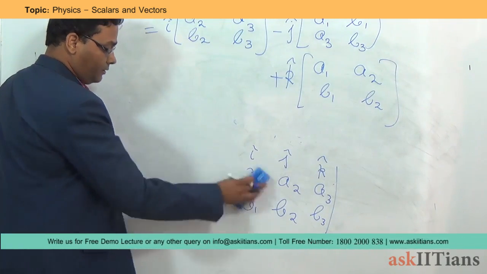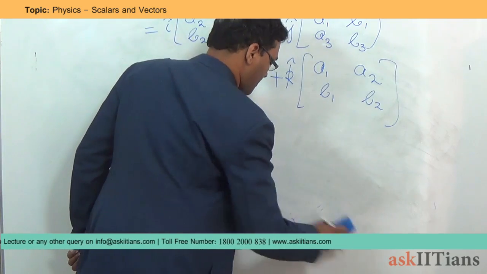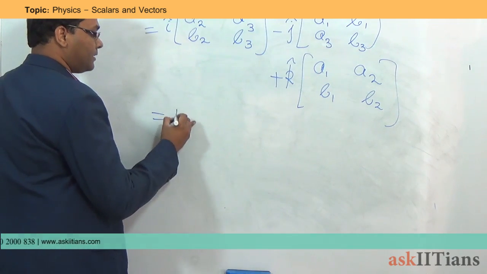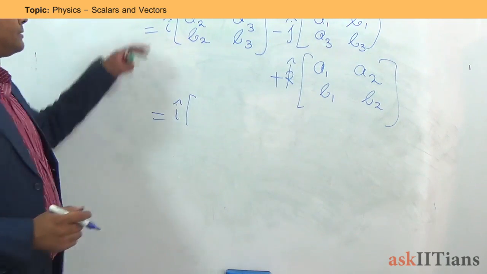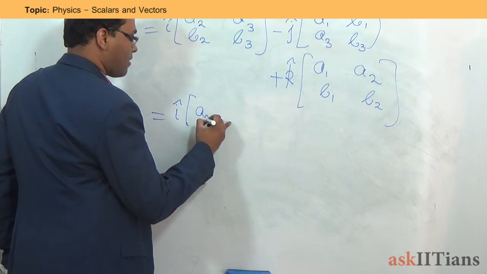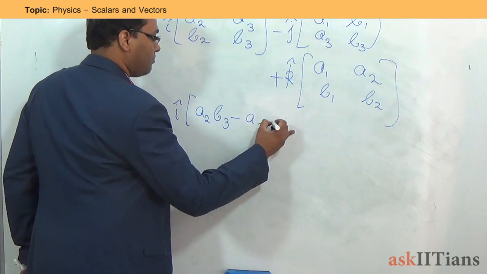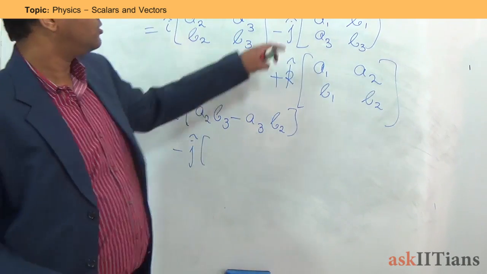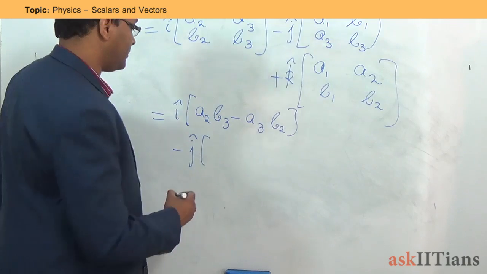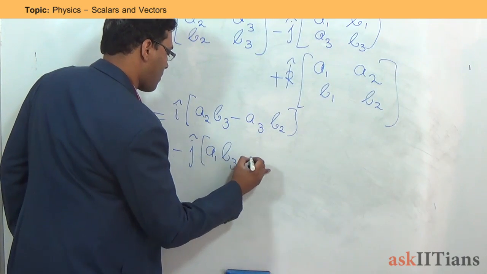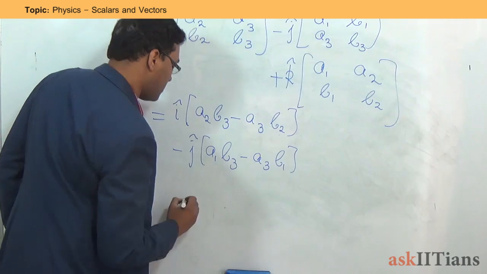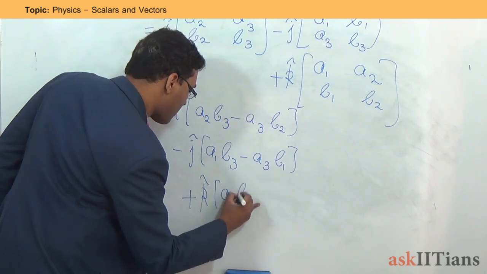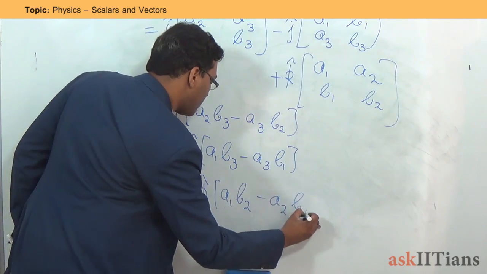Let me expand it now further. So what will we get as a result? i cap here. If we expand, this becomes A2 B3 minus A3 B2, minus j cap, A1 B3 minus A3 B1, plus k cap, A1 B2 minus A2 B1.